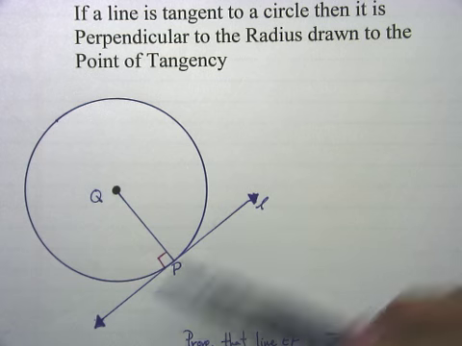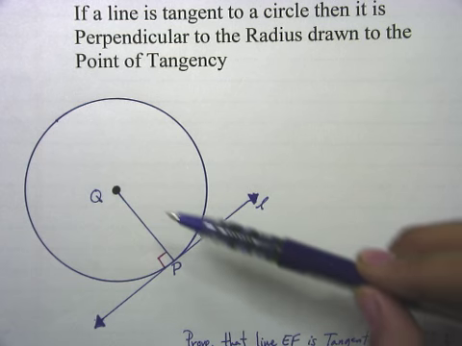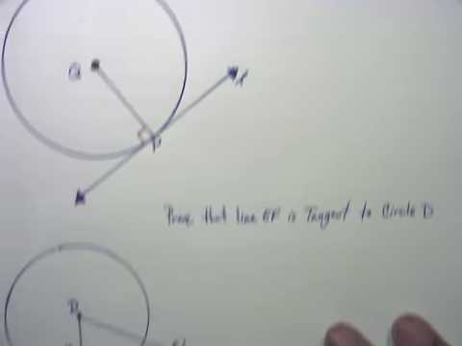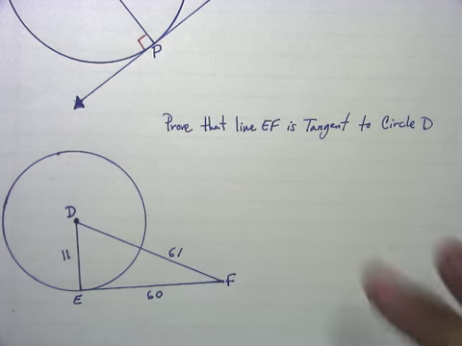So if you have a tangent line to a circle, then it will be perpendicular to the radius of that circle.